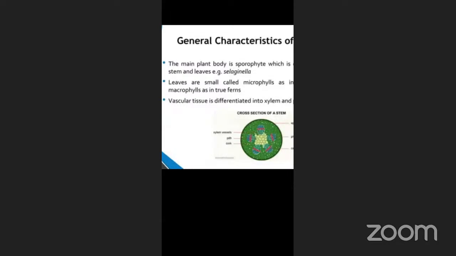Then the sporophyte of the Psilotales is similar to the bryophytes: rootless. Psilotales means Psilopsida, for example Psilotum, a rootless and leafless plant.